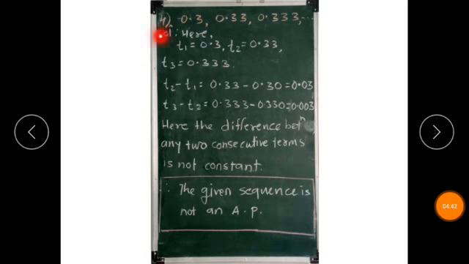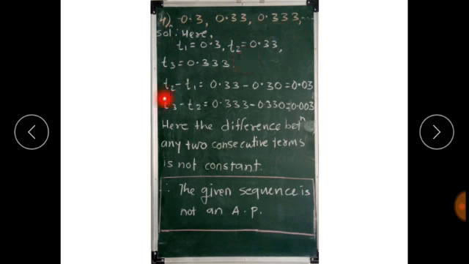Let us see the fourth sum. The sequence is 0.3, 0.33, 0.333. By simple observation we can tell that the difference is not constant. But still we will follow the method. Here T1 is 0.3, T2 is 0.33, T3 is 0.333.